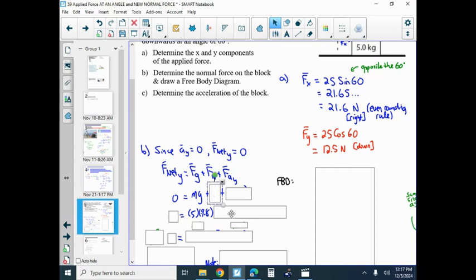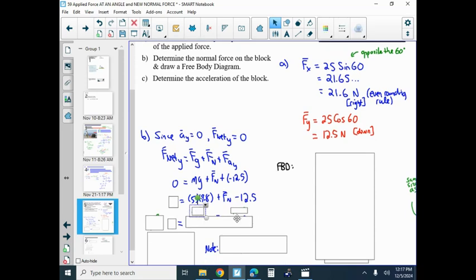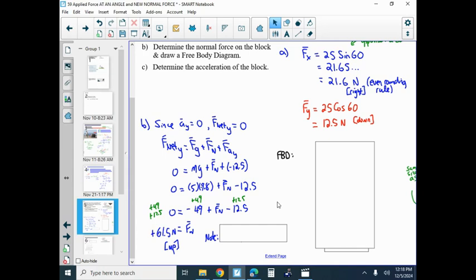The normal force is what we're wondering about, and the applied force goes in as a negative value because it's down. So we take that 49 from the gravity and add it to both sides, and add the 12.5 to both sides, and end up with a value of 61.5 newtons up.